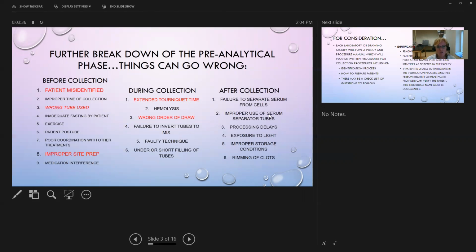If you underfill tubes, especially if they have anticoagulants in them, you can actually give false results because the blood will be diluted by the anticoagulant and cause bad results. After collection, some pre-analytical things that can go wrong is maybe the serum isn't separated right away from the cells, there's delays in processing, certain tubes are exposed to light, or they're not stored correctly.